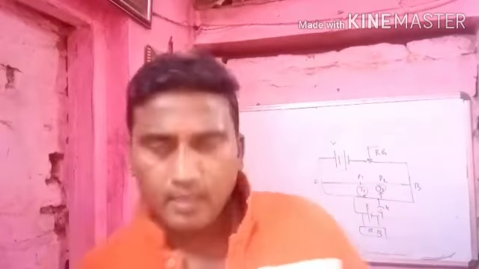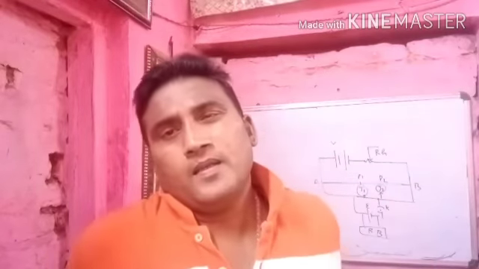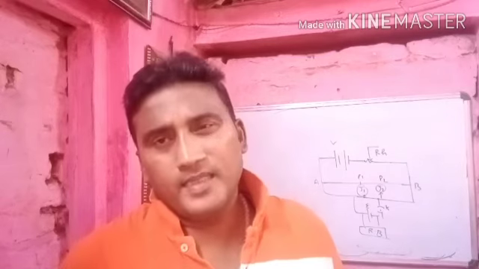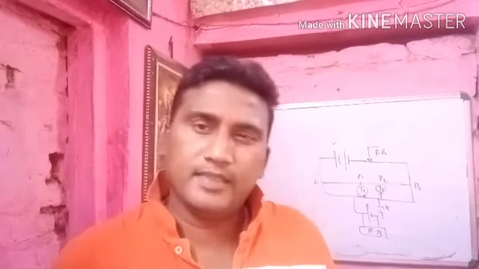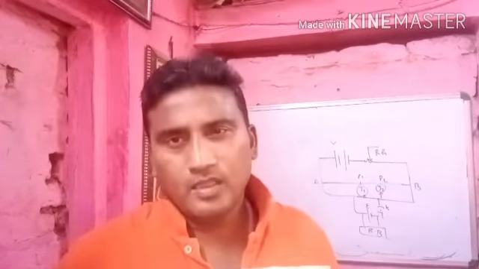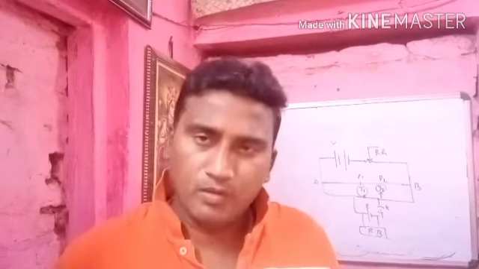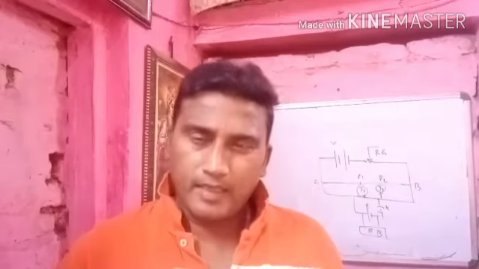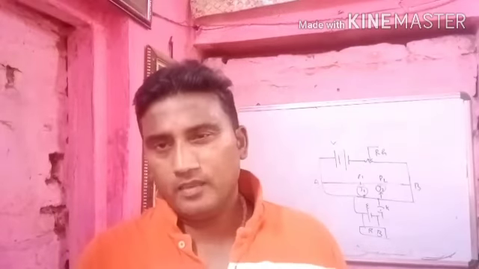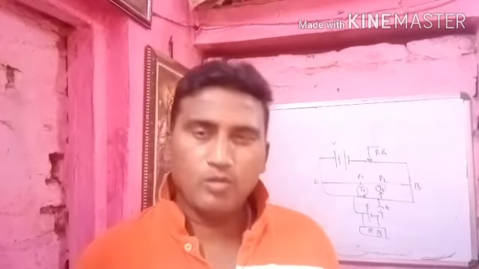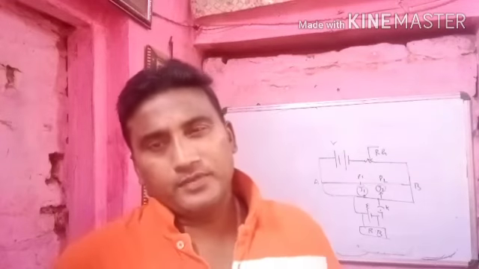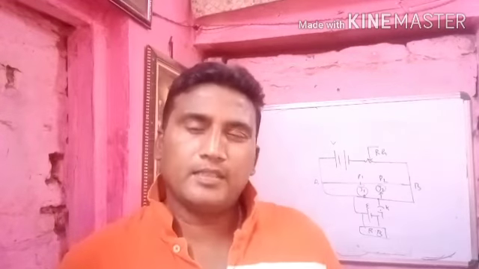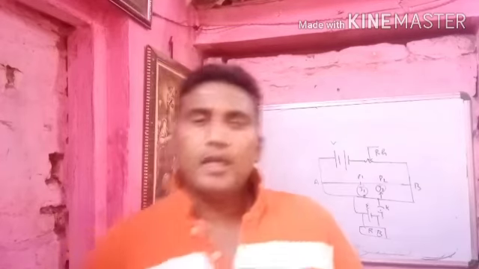First we identify the EMF of the cell. E is equal to K L1, because E is directly proportional to L1. Equation 1. For the potential difference, we know it is the ratio of the total work done to the total charge transferred between two consecutive points. Then our relation is E by V is equal to K L1 by K L2.